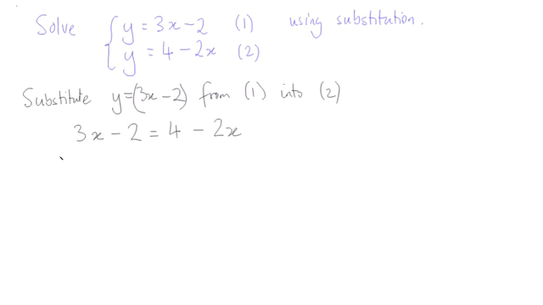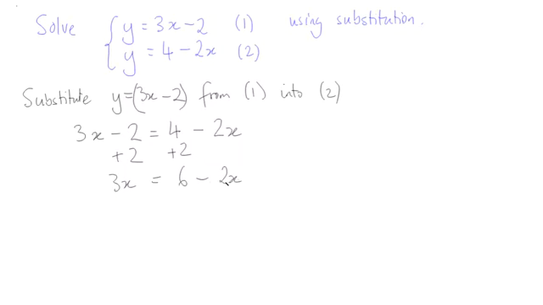Now you see this equation only has x's in, so I can solve this for x. I have a negative x here, I want to move that to the left hand side and get everything else on the right hand side. So let's start with moving over the minus 2. Get rid of that by adding 2 on both sides. I have 3x equals 6 minus 2x.